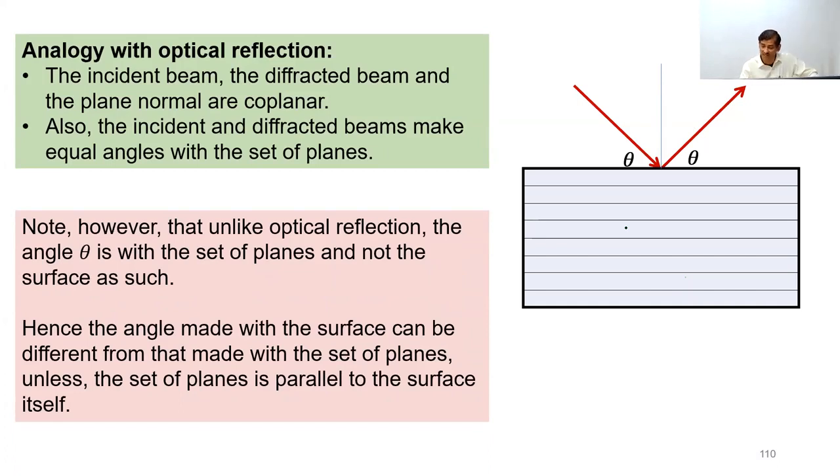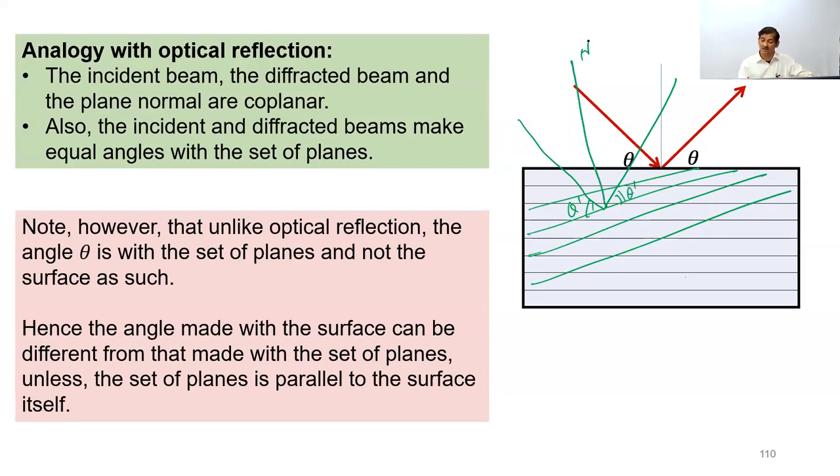If we were to rotate this like we saw in the previous figure, if we had another set of planes here, then with the same beam coming, the theta would change, that would be some other theta, theta prime. Once again, the plane normal would be here. Now, obviously, the angles made with the surface are different from the theta prime made with the internal planes inside the material.